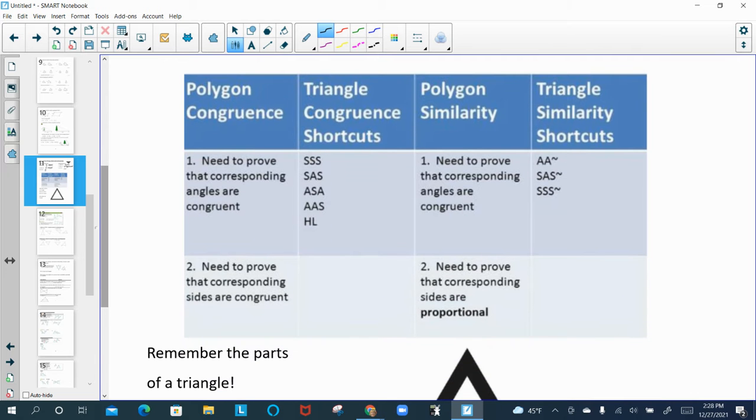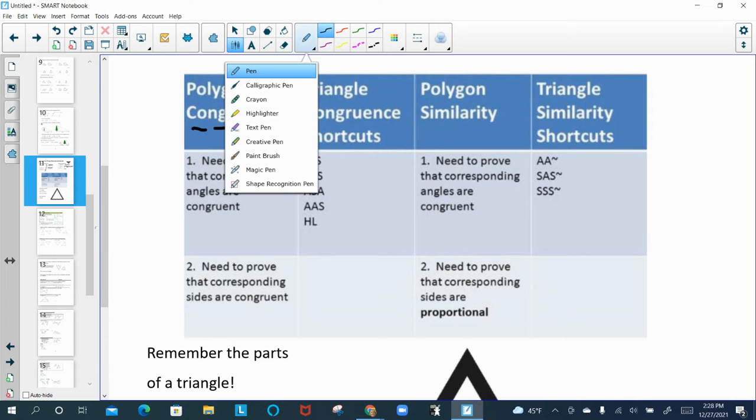All right, so just a little chart here. I'm going to show you the congruence and similarity shortcuts. What we had to prove for congruence was that corresponding angles were congruent and that corresponding sides were congruent.